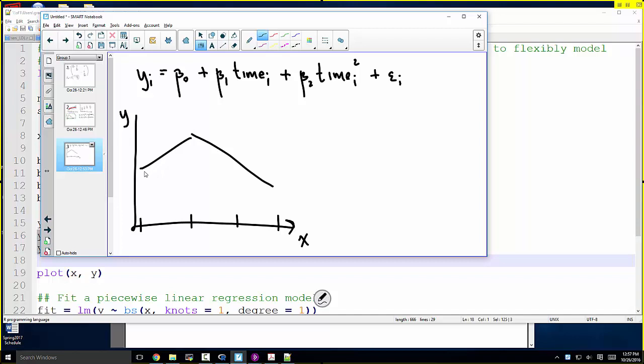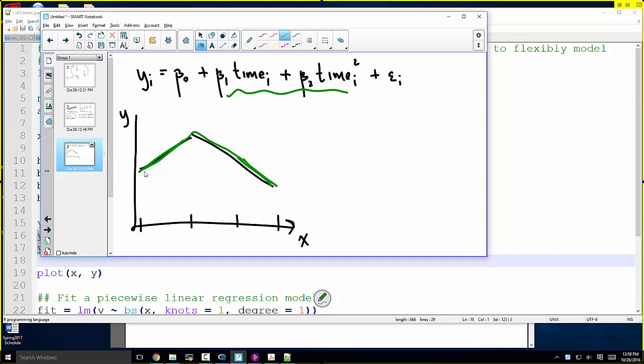And we specifically wanted to allow for a piecewise linear pattern. So I didn't necessarily want a quadratic curve. We specifically wanted a piecewise linear. So how can you do that?